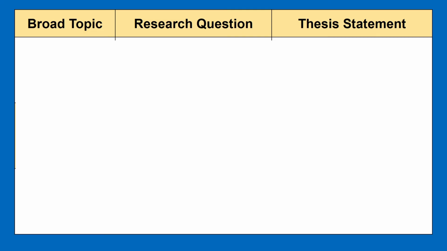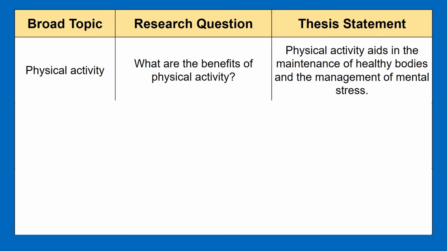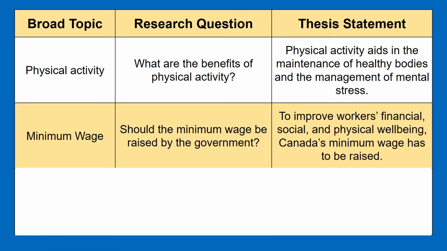For example, the topic is physical activity. The research question will be, what are the benefits of physical activity? The thesis statement will be, physical activity aids in the maintenance of healthy bodies and the management of mental stress. For example, the topic is minimum wage. The research question will be, should the minimum wage be raised by the government?